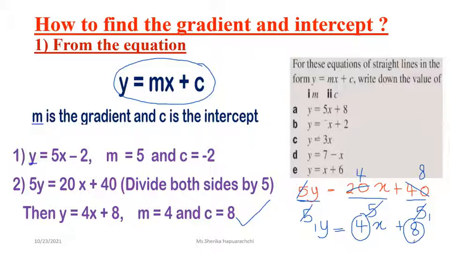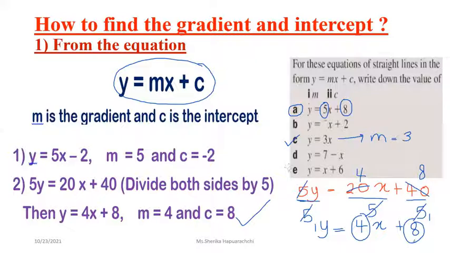I'll take some of the examples. I'll take this C part. So by looking, I can see according to this equation, my gradient is 3 and I do not get any intercept. If I take this A, my gradient is 5 and my intercept is 8.